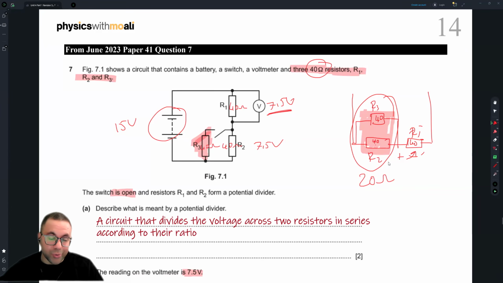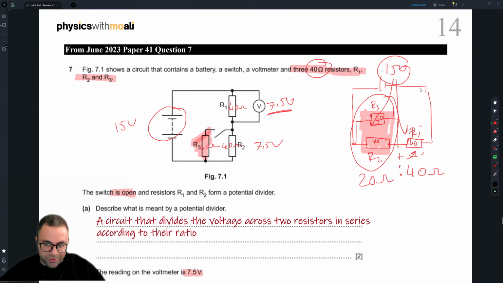And now it's technically in series with this, which is 40 ohms. Will the 15 volts of the supply now split equally? No, it won't. R1, which is the 40 ohms, will get more than R2 and R3 because together they're 20 ohms.